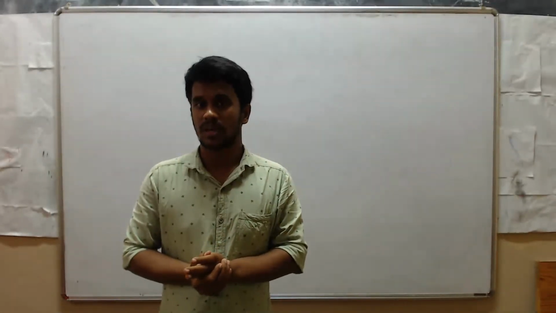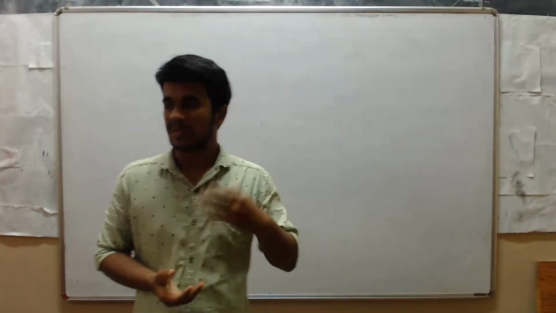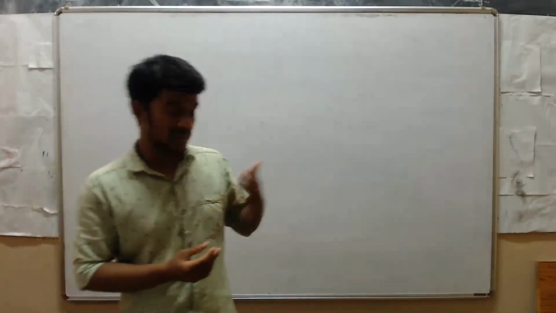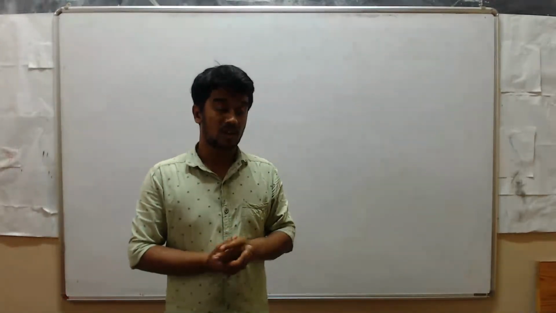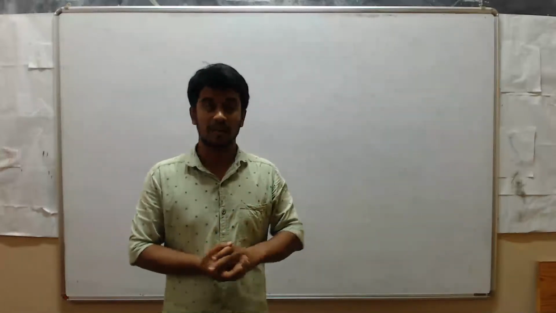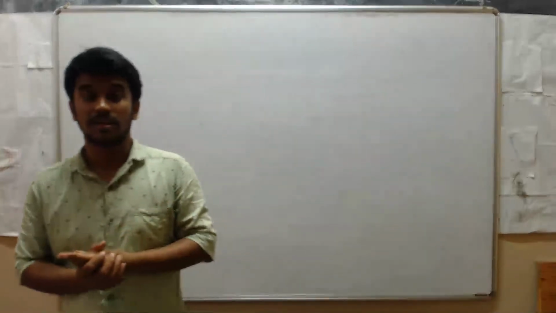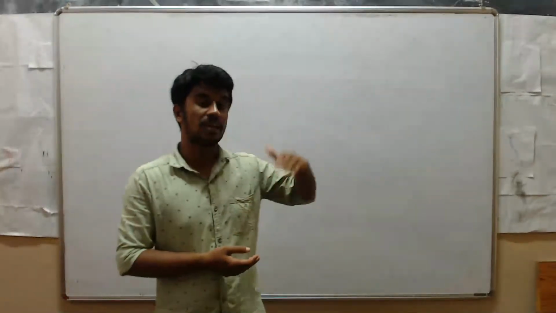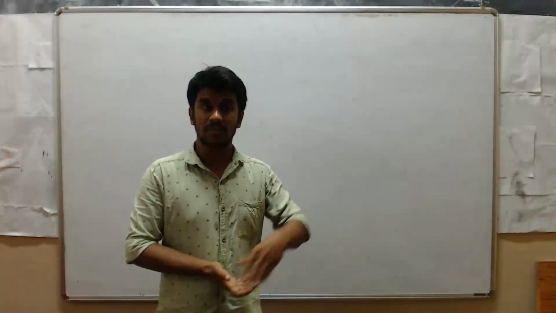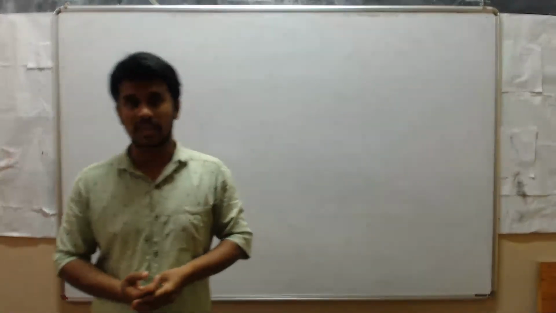Some people can see nearer objects very clearly, but can't see far objects clearly, and some people can see far objects clearly but can't see near objects clearly.